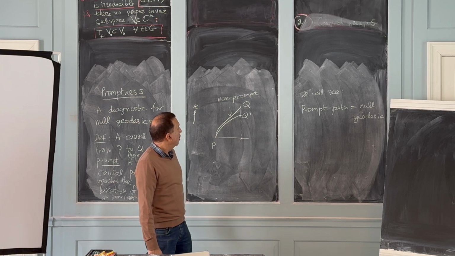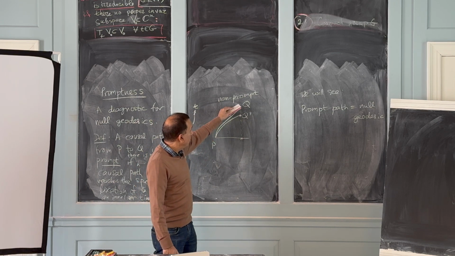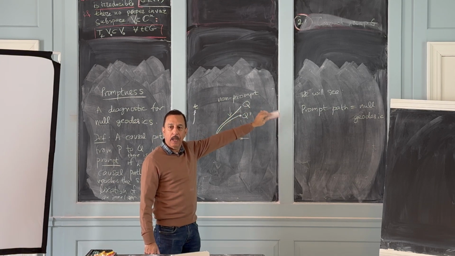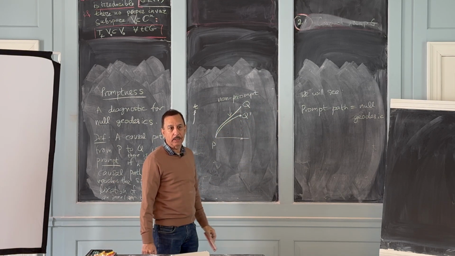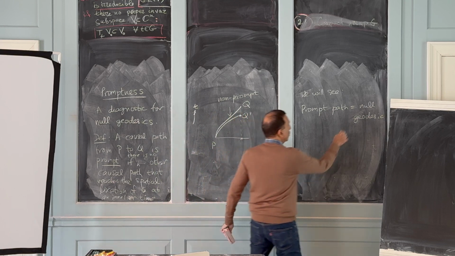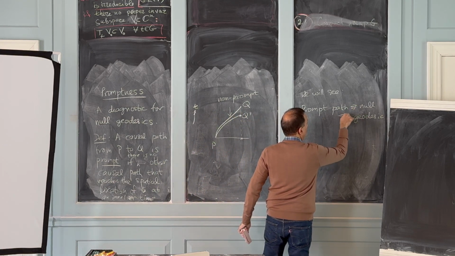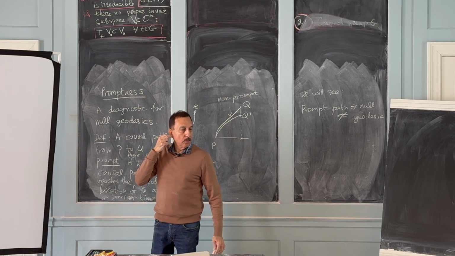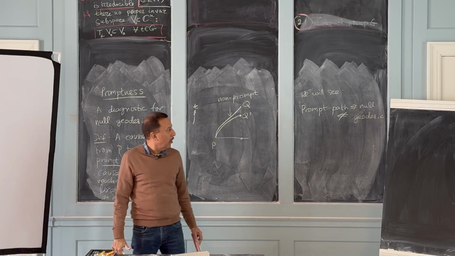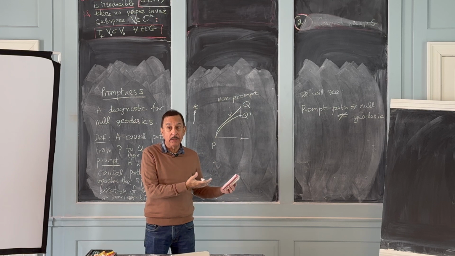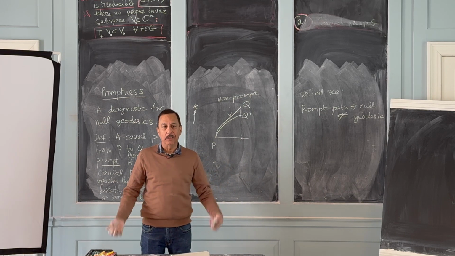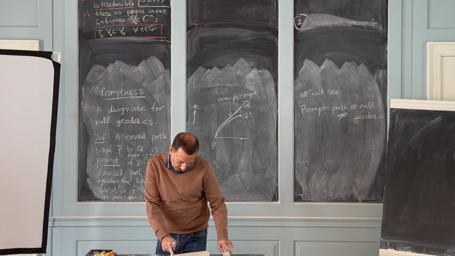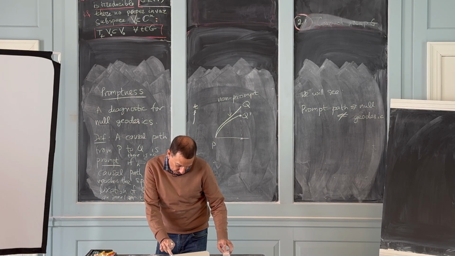Here, if you have a path that is prompt, that means there's nothing which can get there earlier, then it has to be null and a geodesic. Okay, but the reverse is not true. Not every null geodesic is prompt. So you can use promptness to distinguish null geodesics from non-null geodesics, as well as null geodesics from each other. And it's the latter which is more important.